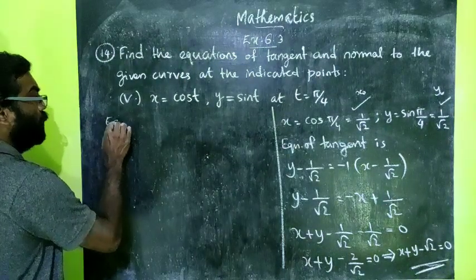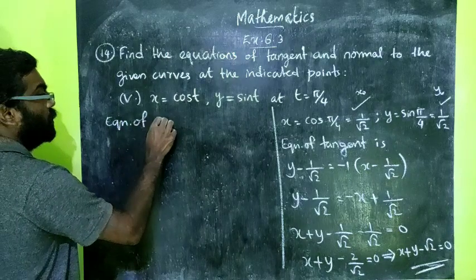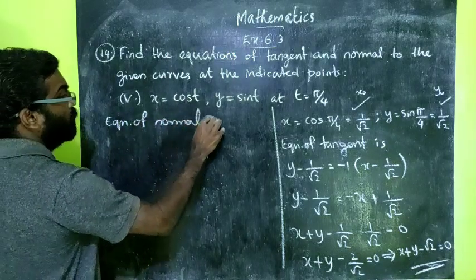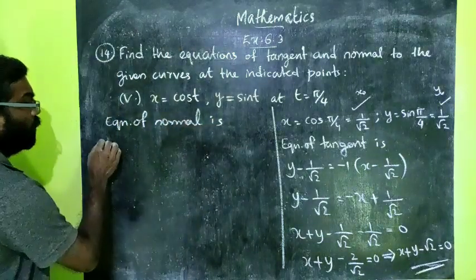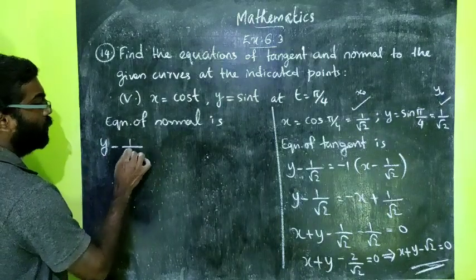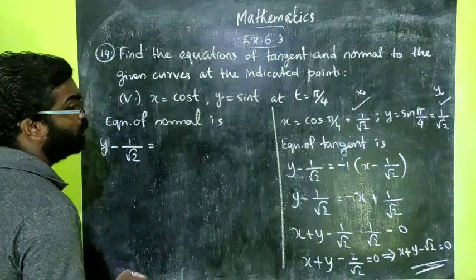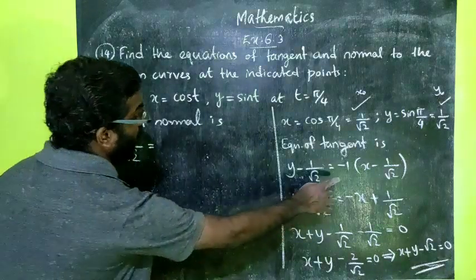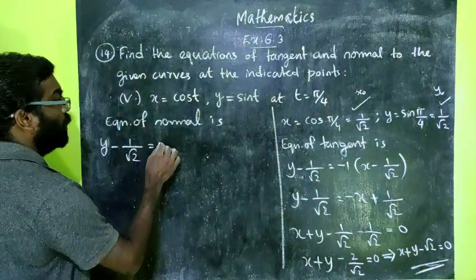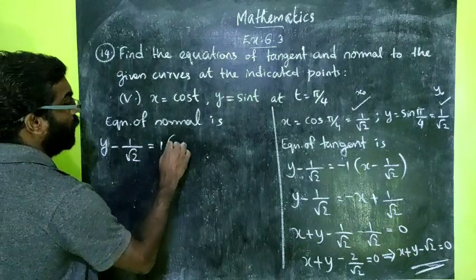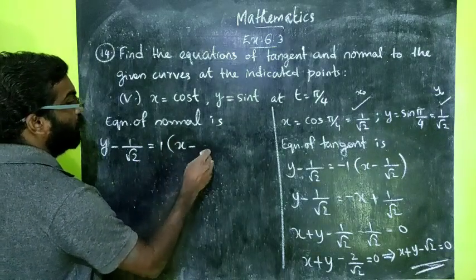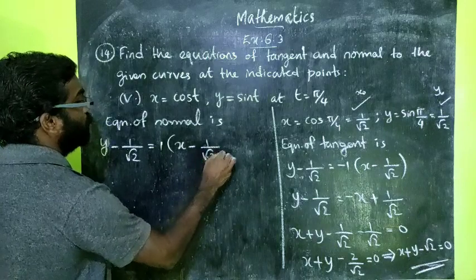Now we can write the equation of normal. Equation of normal is y minus y0, y minus 1 by root 2, is equal to minus 1 by f dash of x0. Here f dash of x0 is minus 1 and the negative reciprocal is what? 1. So 1 into x minus x0, x minus 1 by root 2.